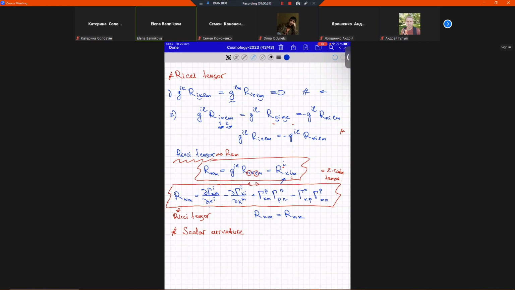So it means that if you have Rkm, and you apply g km, so k and m in this case become summation indexes, you will obtain a scalar.